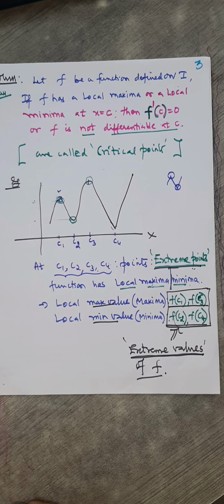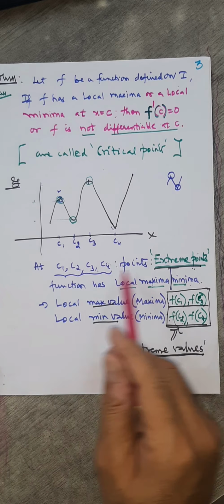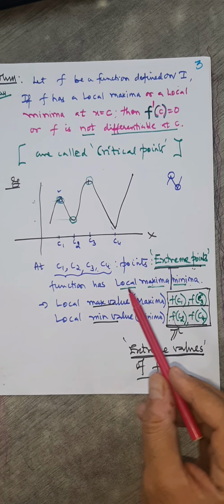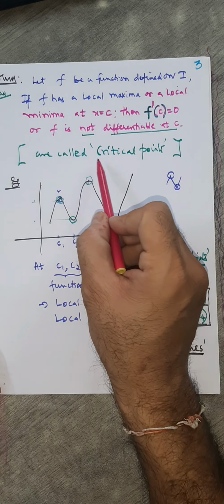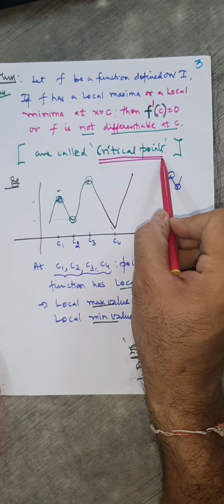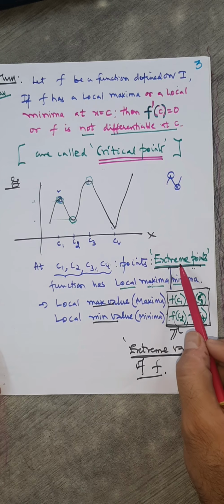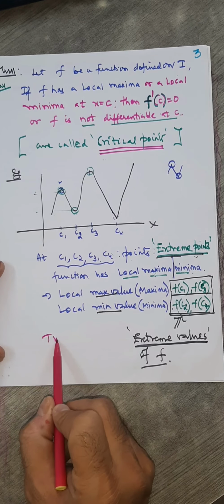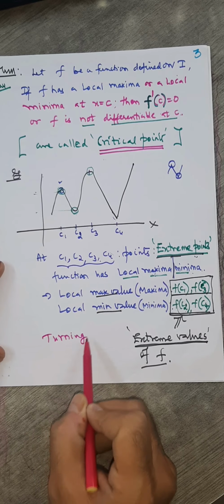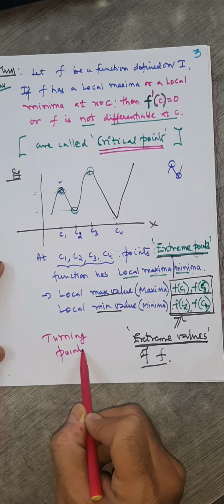This is about turning points. These extreme points are nothing but, in the other language, turning points. This is a turning point, this is a turning point, this is a turning point. In general, these are also called the critical points, right? So critical points, extreme points, turning points, these are the new words for you now. All are same, remember.